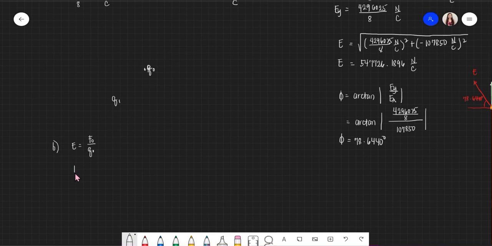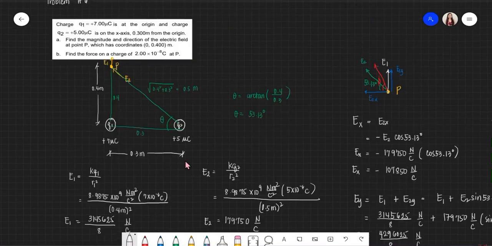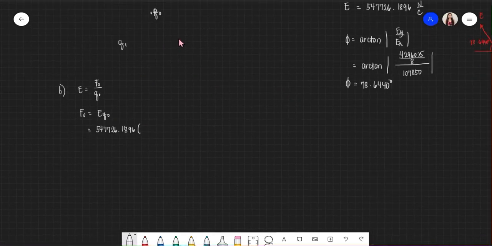So F sub O equals E Q sub O. So E is 547,726.1896, and the charge placed there is 2 times 10 to the negative 8 coulombs.